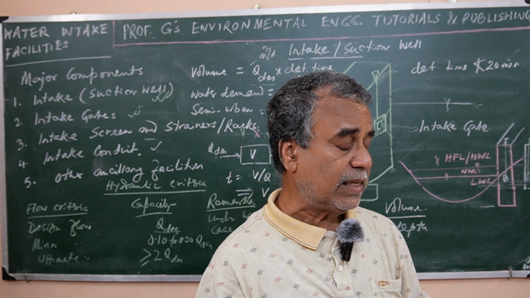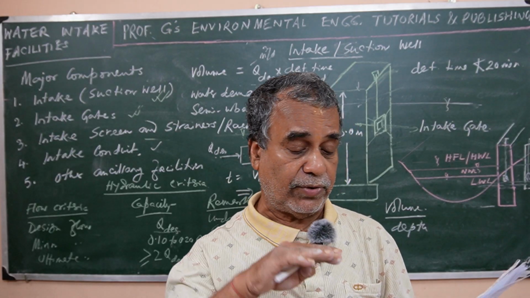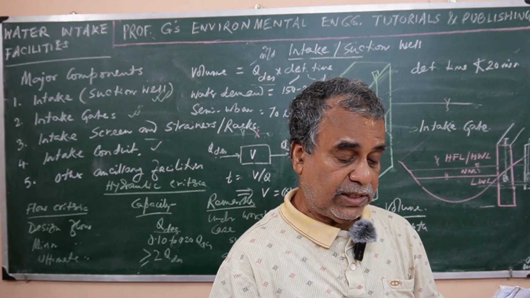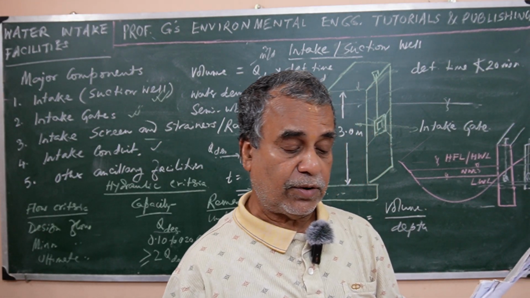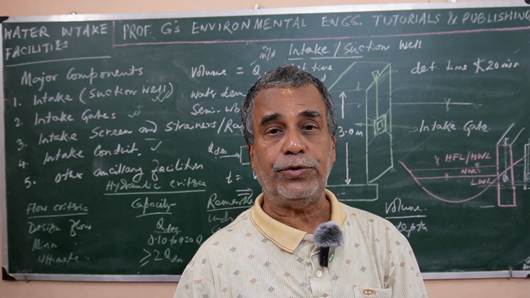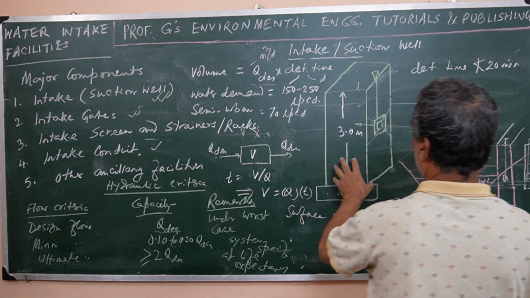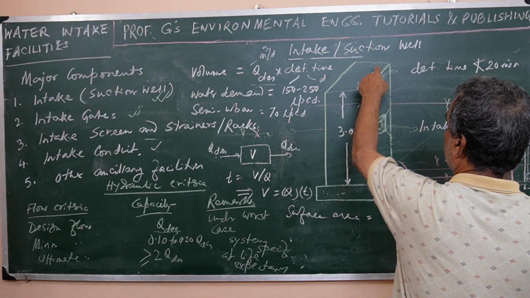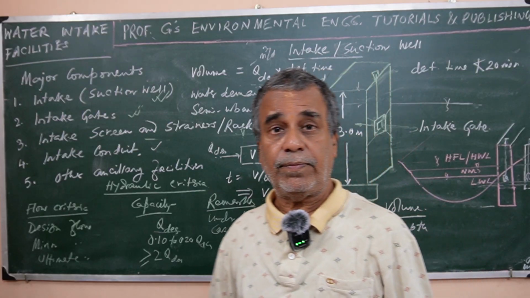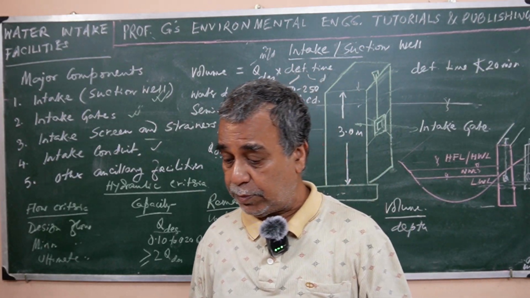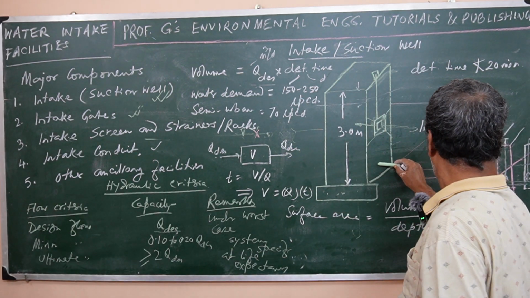Another guideline written is that the horizontal cross-sectional area of the suction well shall be 3 to 5 times the vertical cross-section of the intake conduit. So the intake conduit is entering through this, right?